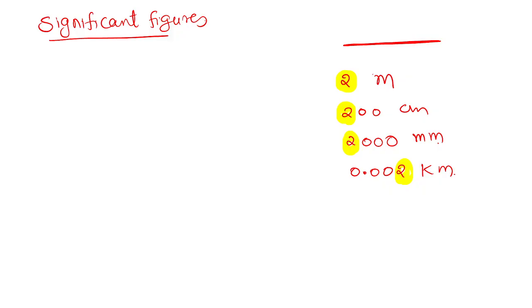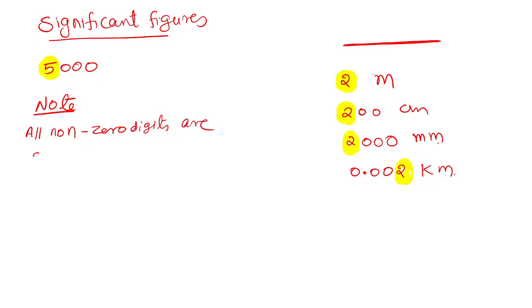Is that correct? Understood? All of it clear? All non-zero digits, like 5 or 2, are significant. Significant means important digits, they will never disappear. Significant figure or significant digit.